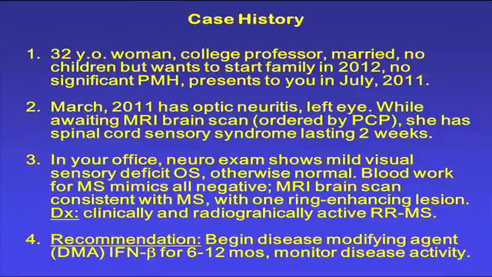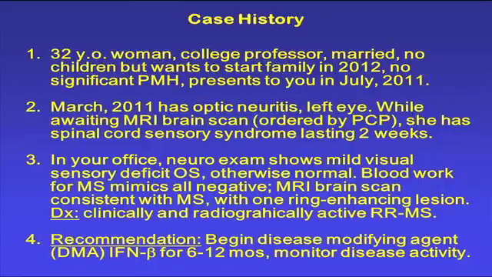In your office, you perform a neurological exam which shows mild visual sensory deficit in the left eye corresponding to the residual of that optic neuritis, and her exam is otherwise normal. The blood work for anything that could mimic MS, such as B12 deficiency, is completely negative, and the MRI brain scan is consistent with MS, with one enhancing lesion.